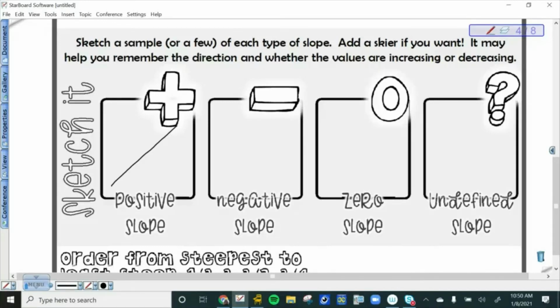So it's going to be like that. Wait, so the zero slope is like down the middle, right? Hold on, we'll get there. Negative slope from left to right is going to go down. Zero slope is just straight. And then an undefined slope.